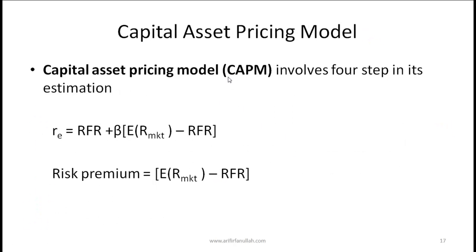One of the most important formulas in finance is given right here, and this is your capital asset pricing model. So essentially the 4 steps here are as follows. The cost of equity is equal to the risk-free rate. So obviously step 1 is to figure out what the risk-free rate is in your economy. Let's take the Pakistan example.